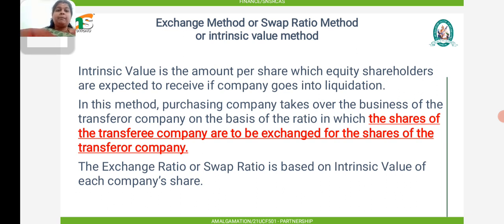In this method, the purchasing company takes over the business of the transferor company on the basis of the ratio in which the shares of the transferee company are to be exchanged for the shares of the transferor company. The exchange ratio or swap ratio is based on the intrinsic value of each company's share.